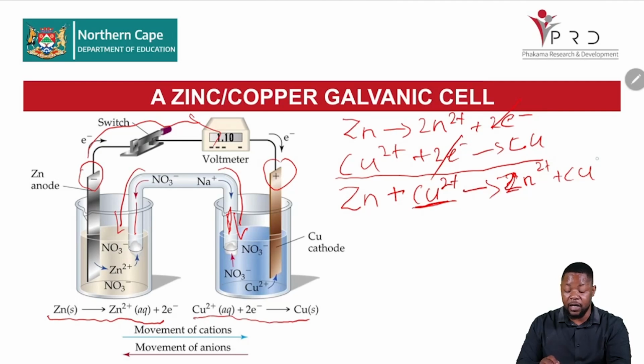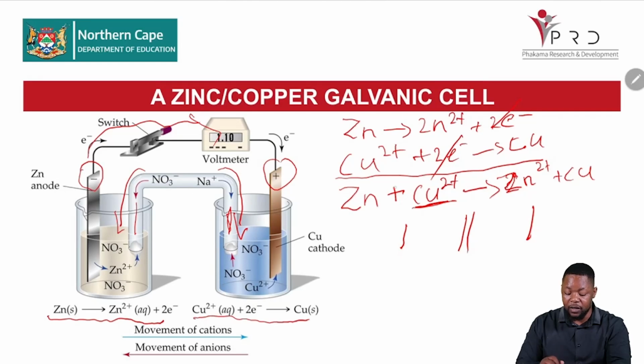So the copper ions are undergoing reduction. If we were asked to write the cell notation for this reaction, remember that we start with the substance that undergoes oxidation, and then we come with the substance that undergoes reduction.